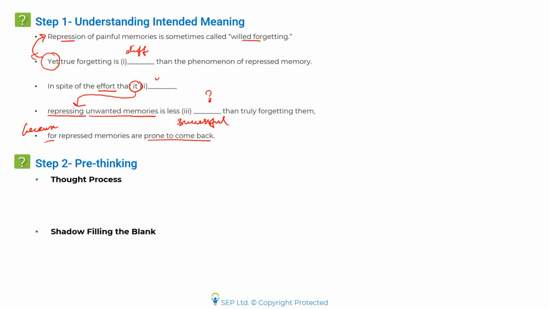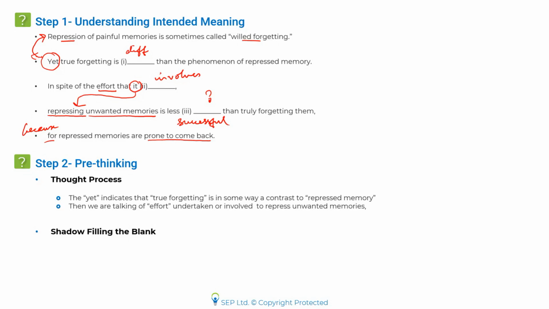So just to put our thoughts together, the "yet" indicates true forgetting is in some way a contrast to the repressed memory, and then we're talking about the effort undertaken or involved to repress unwanted memories. And since the repressed memories come back, they cannot be permanently gone. All right. So it's not successful.